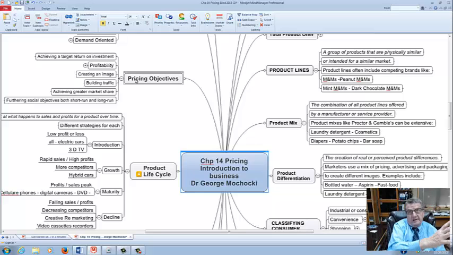One's broiled, one's, I don't know how they make it. It's probably on a regular grill. But the pricing is still in line. Because if I'm going to spend too much for a Big Mac versus a Whopper, I'm not going to buy it. Okay? So you look at your pricing objective. Do I want to create an image? Do I want to build traffic?